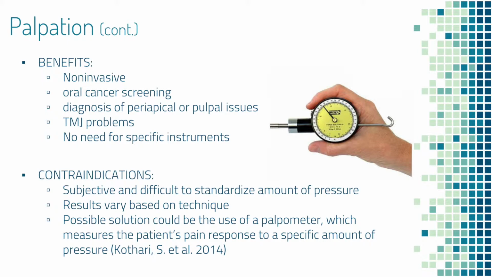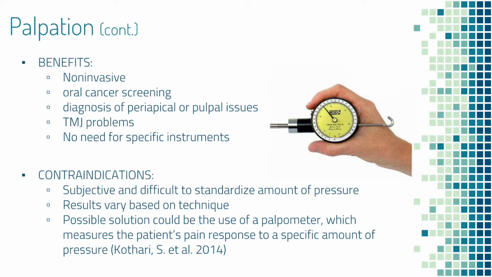Now, one thing out there that is used for palpation is what's called the palpometer. And this is a possible solution which can measure the patient's pain response to a specific amount of pressure.